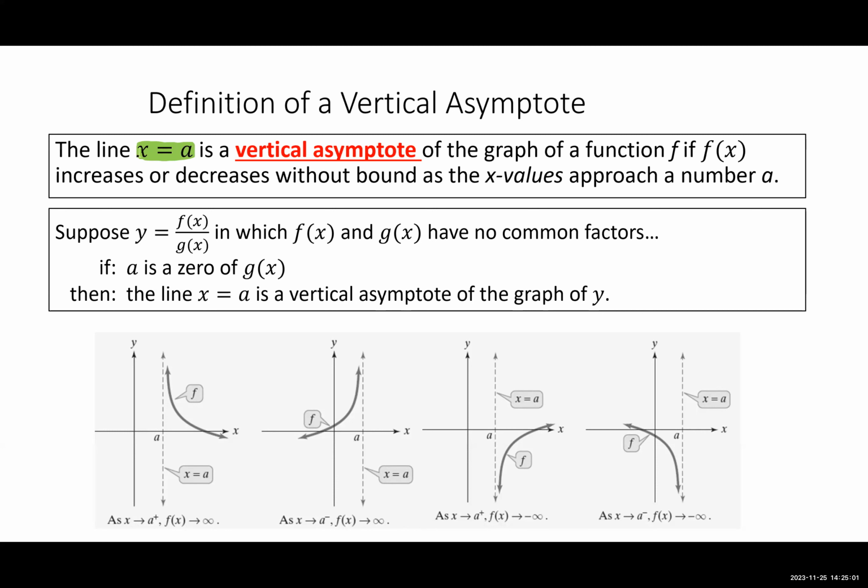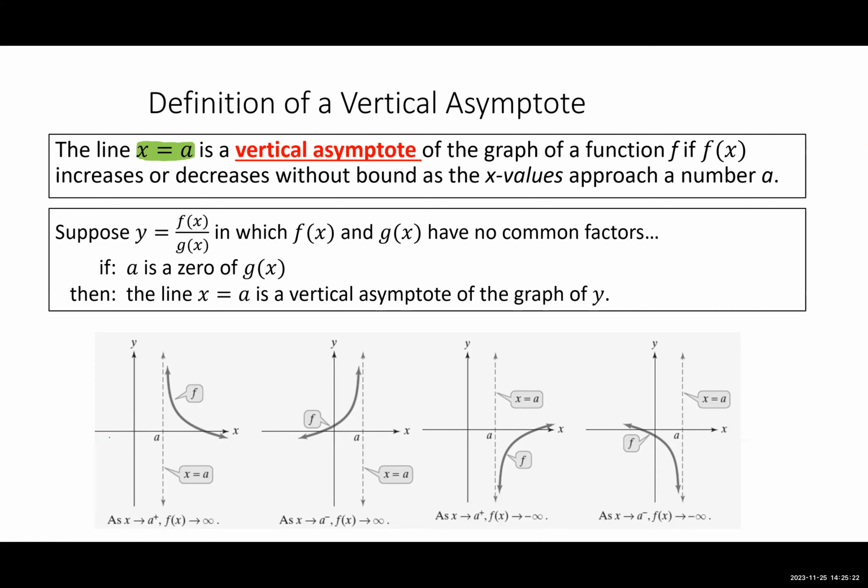So what that means is the graph either goes to infinity or goes to negative infinity. And the way we find these asymptotes, and this is again something we've done previously, if you go back to the video where we discussed rational functions, for example.